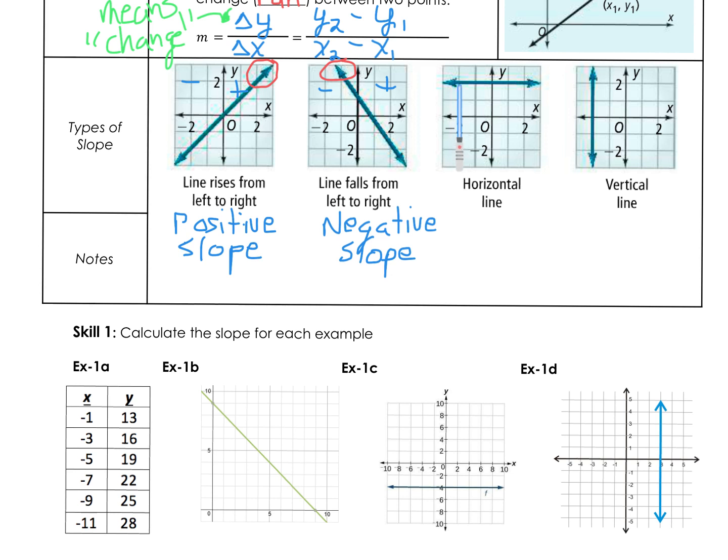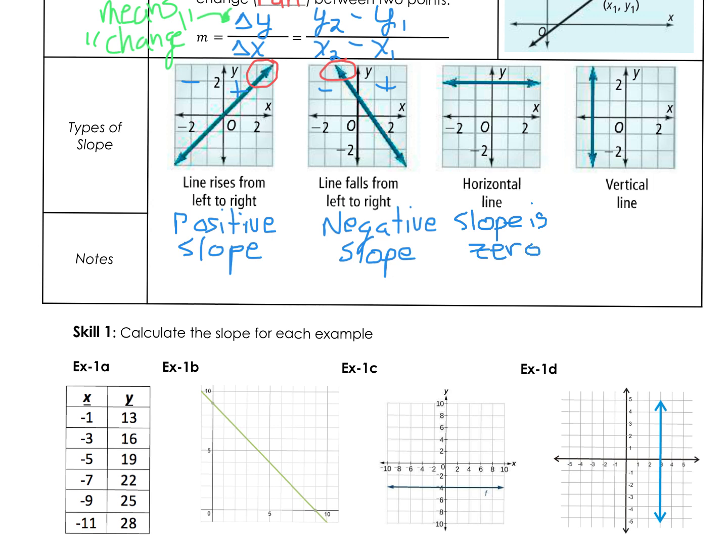A horizontal line, I can actually physically walk on that. That's like walking on the floor. Since I can walk on it, it has a slope, and its slope is, dun dun dun, suspenseful wait, the slope is 0, meaning it has no incline.